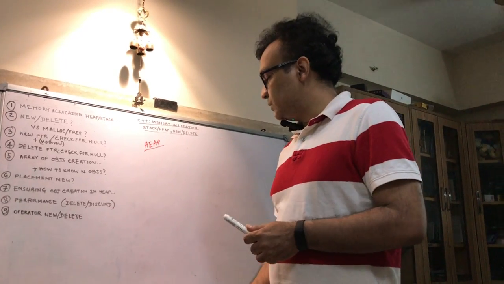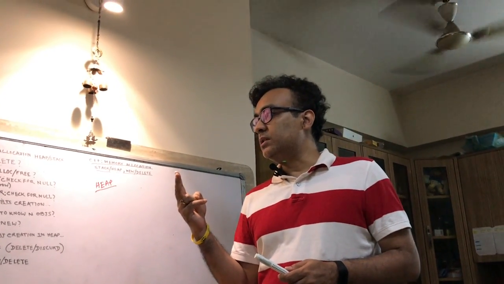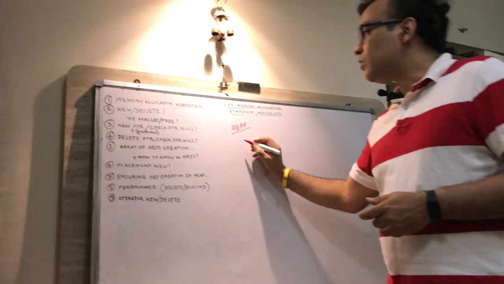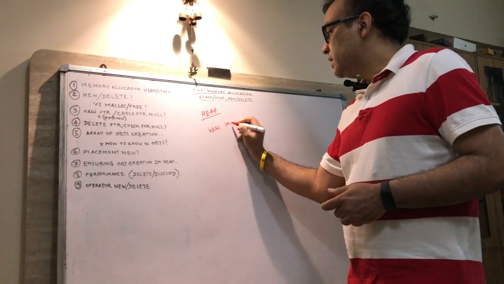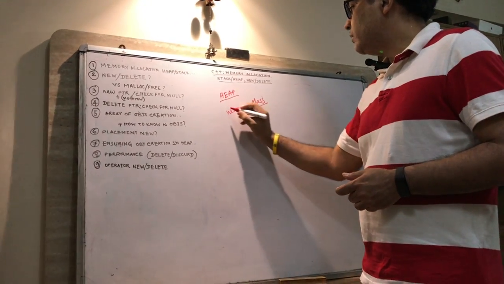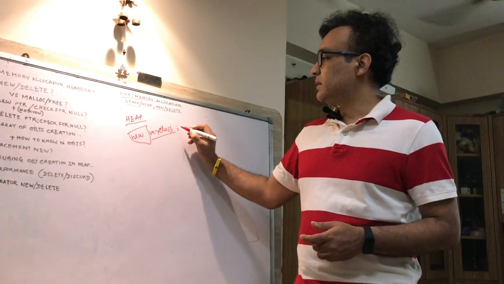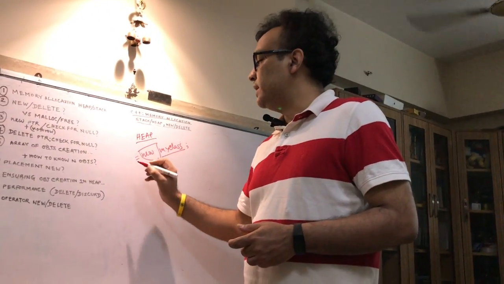In heap allocations, we have two major concepts, that is new and delete. What is new and what is delete? Let me first write the basic syntax of new. If I have MyClass, I put the new keyword before MyClass. That will create an object, and to hold that object we use a pointer.